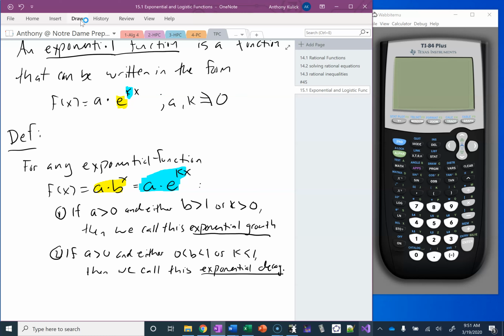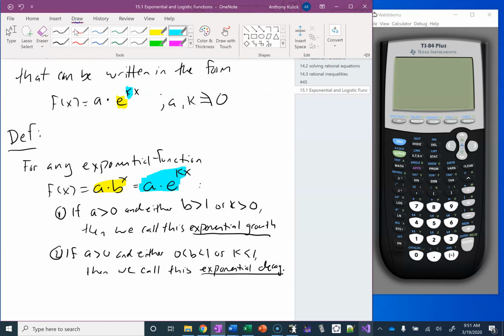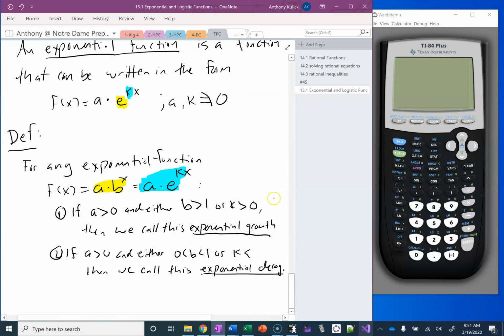And the second situation: again, if a is positive, and if b is between 0 and 1, or k is less than 0, then we call this exponential decay. So there's two types, exponential growth and exponential decay.